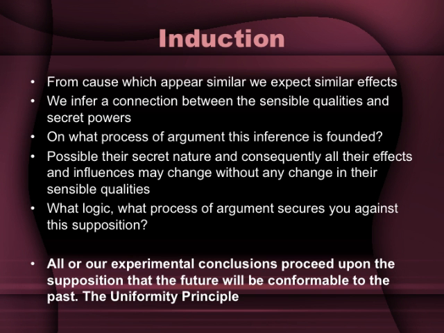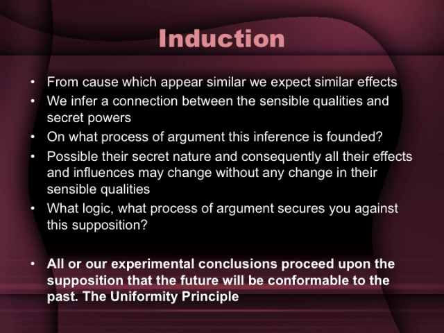So what logic, what process of argument secures you against this superstition? What argument can you make that guarantees the uniformity principle? And there he concludes that all of our experimental conclusions proceed upon the superstition that the future will be conformable to the past. All of our experimental conclusions regarding matters of fact all have the hidden premise of the uniformity principle.